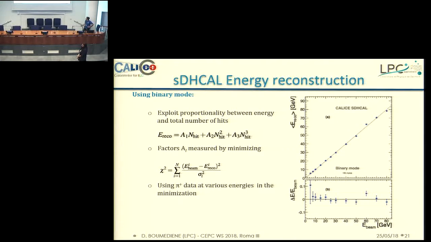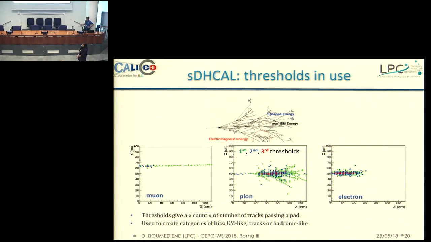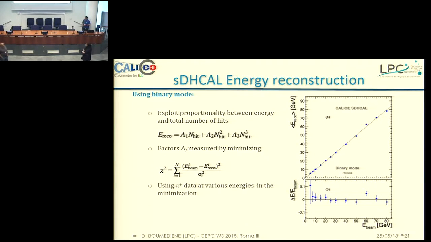How do the two types of calorimeter compare in terms of the software compensation performance? Yeah, maybe I can say a few words. For the time being, we don't have results from the technological prototype of AHCAL. They are taking data nowadays. If you compare with the previous one, which is the physics prototype, the electronics was not embedded on the detector, it was outside.